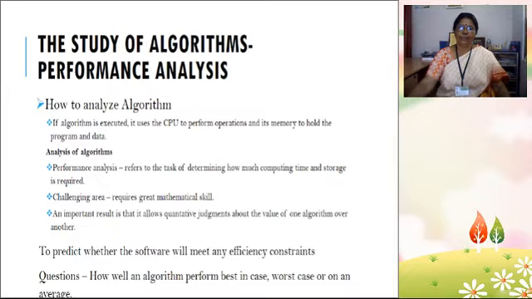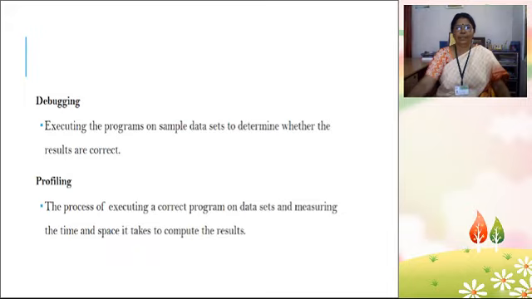The general method is, we know that a program is typed, compiled and then executed. Normally the compile time does not depend on the algorithm. It depends on the characteristics of the configuration of the machine.